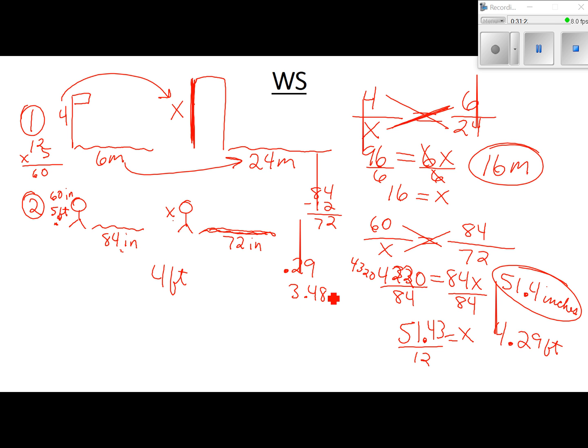What we've done when we multiply by 12 is we've converted this 0.29 feet into inches. So we got about 3.48 inches, and I would probably round that off to about 3.5 inches. So her friend is about 4 feet, 3.5 inches tall.